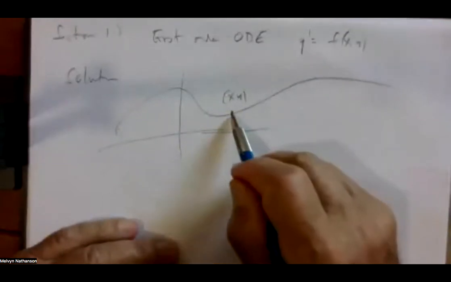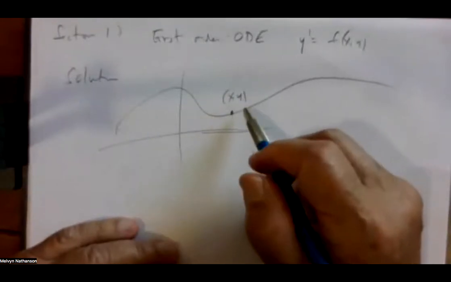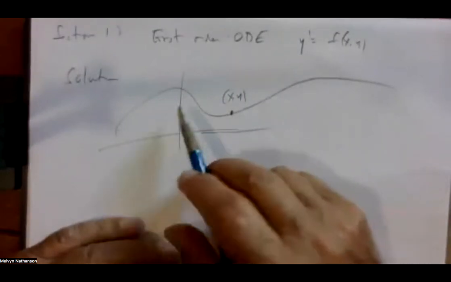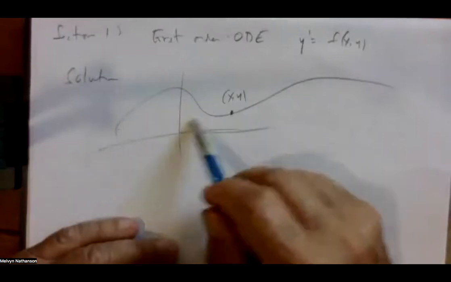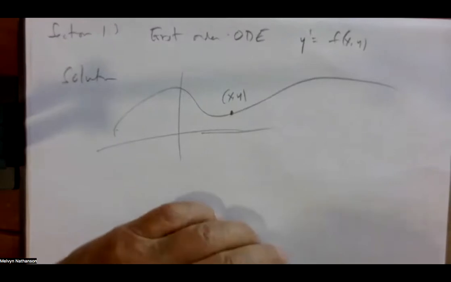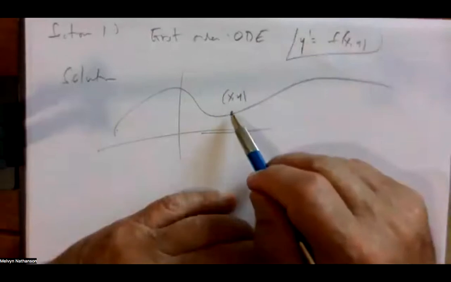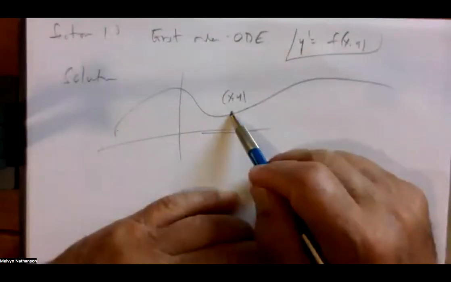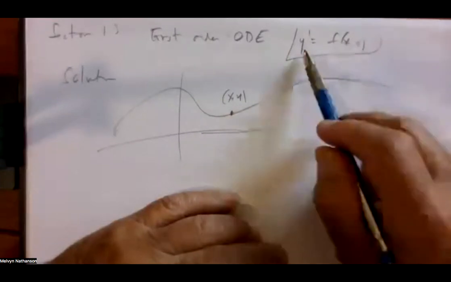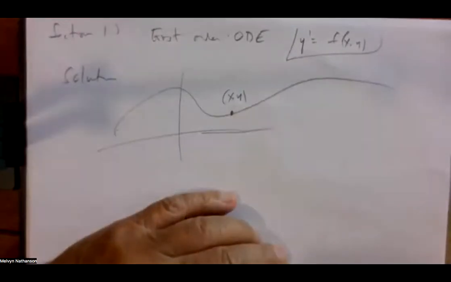And if you take any point x, y, this is the curve, f of x, y. So what this says is that at any point x, y, the derivative y prime is f of x, y. What is the geometrical interpretation of the derivative of a function at a point?